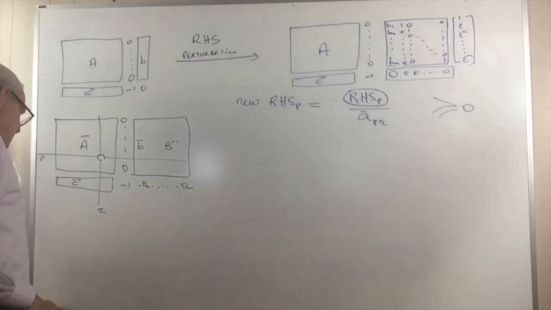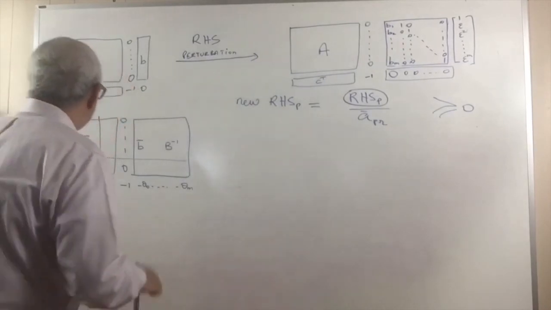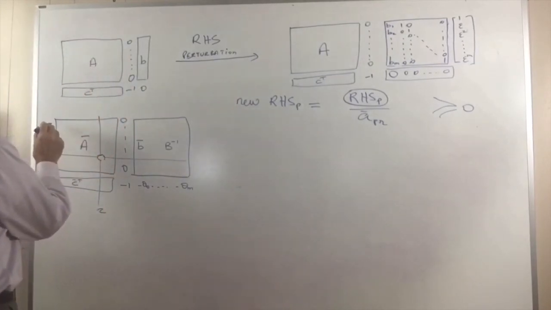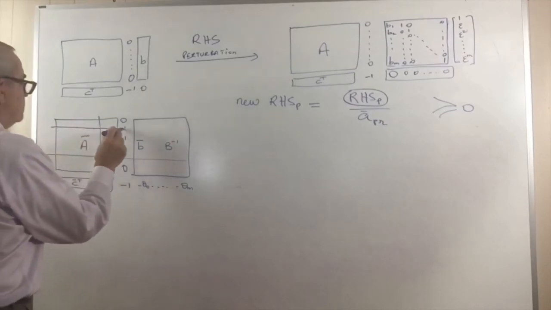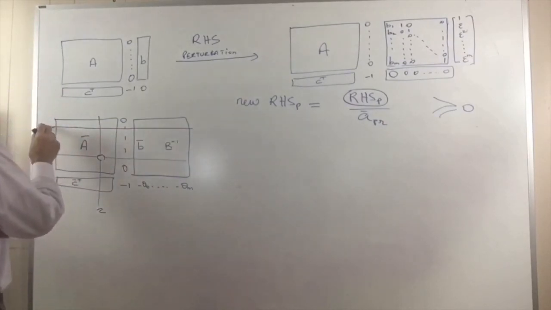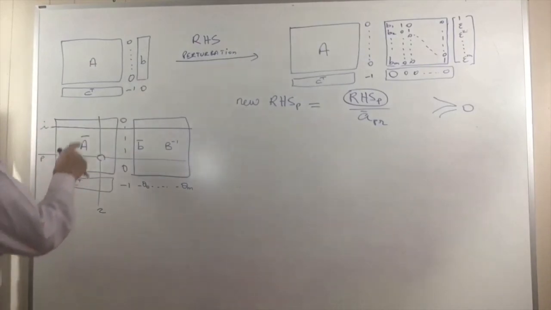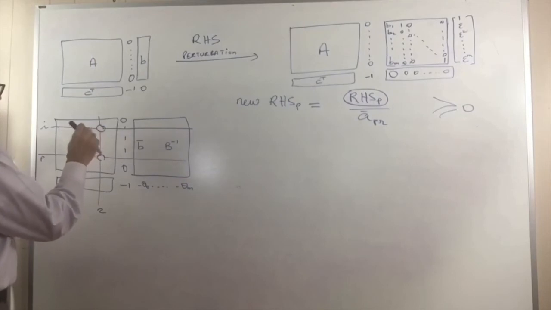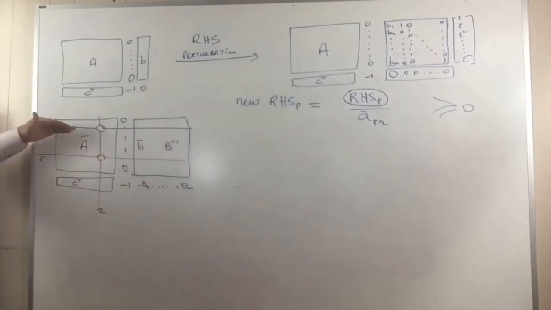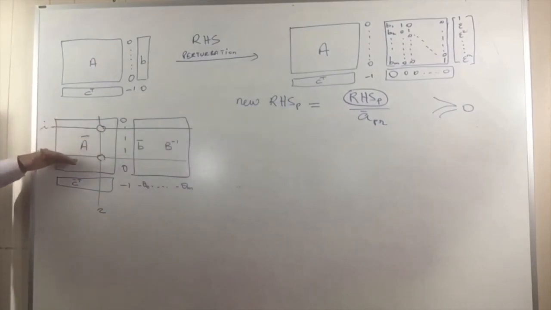How about the other rows? Let's say row I. What happens to row I? I have to put a 0 in this element. So we have to take this row minus a multiple of the pivot row to make this 0.